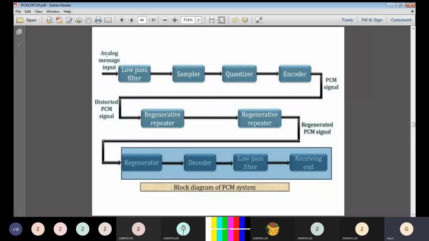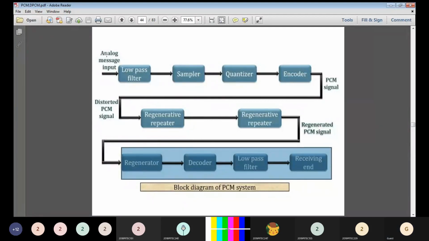That is, for the sample values, we get the respective digital codes for our samples. So we can say we are getting the digital codes of our sampled signal. Then it will transmit to the transmission path.